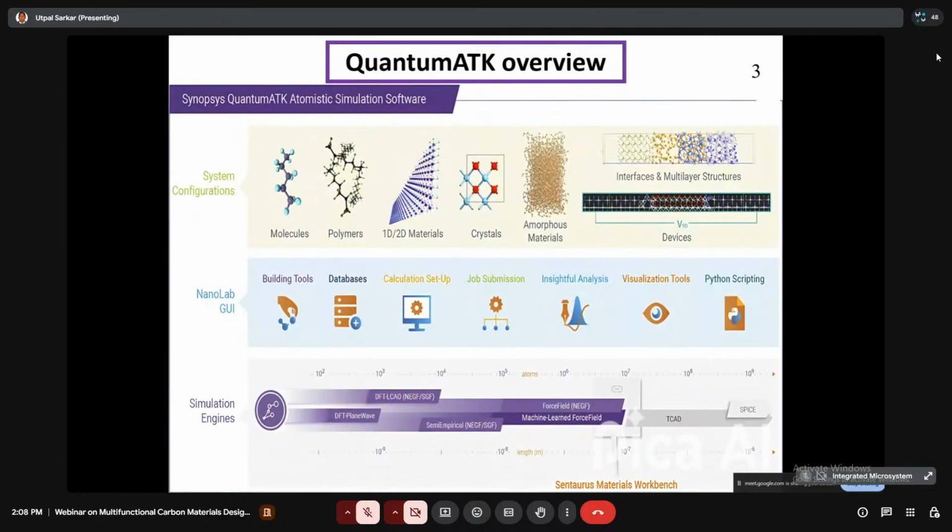And its DFT engine is really amazing, and it's really fast. What I have found, there are a few softwares which are also available in the market, but this software is really very good.